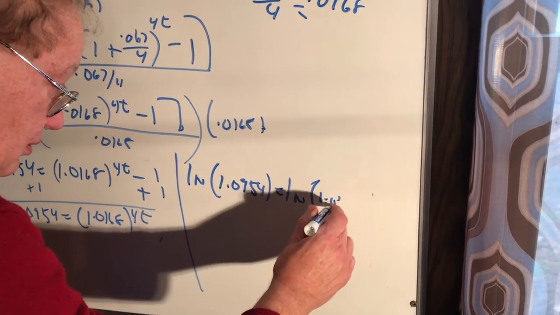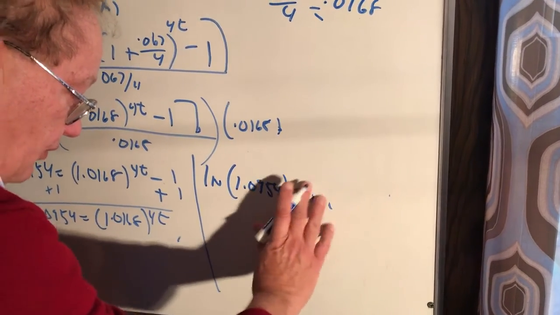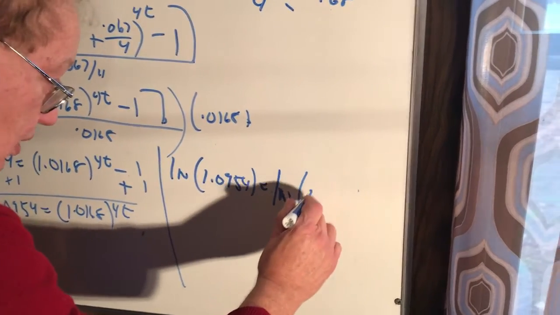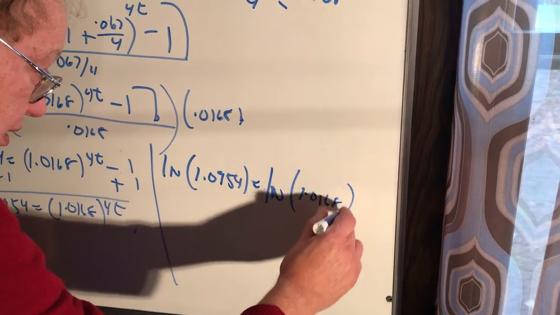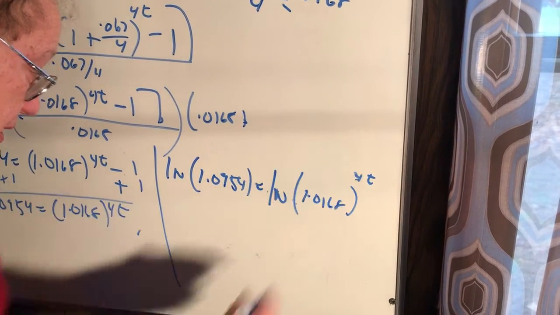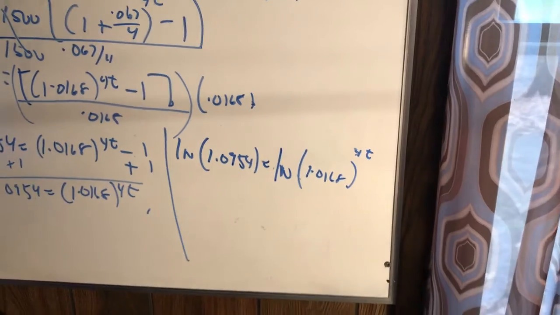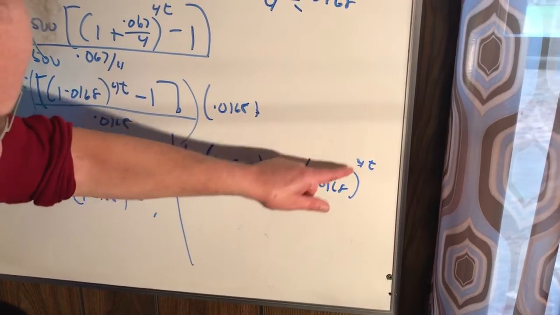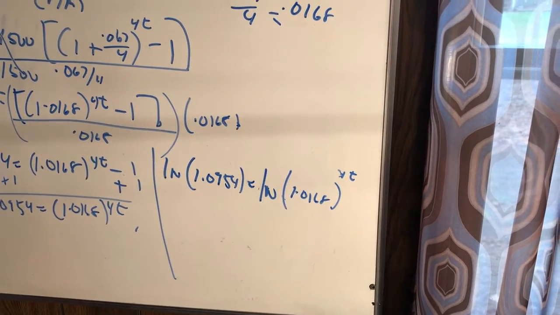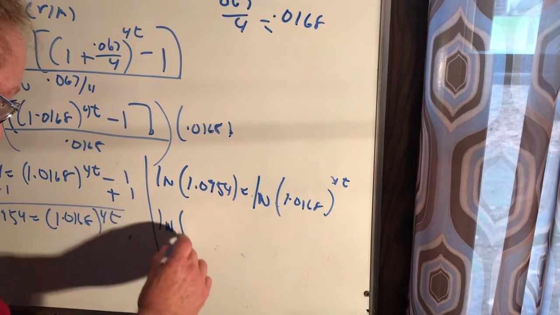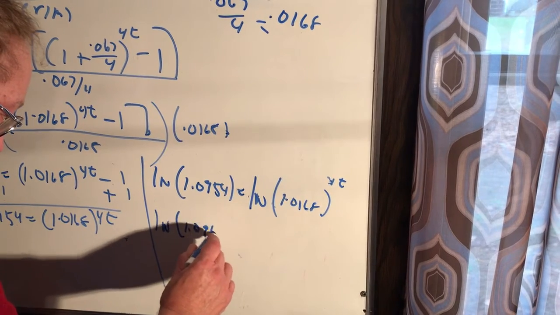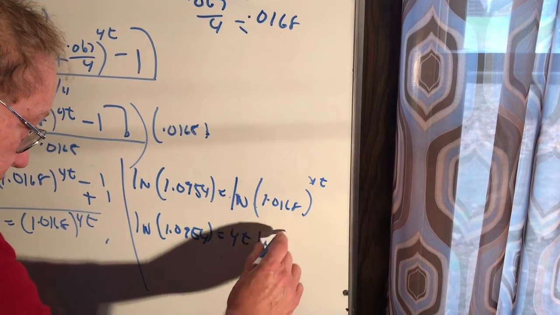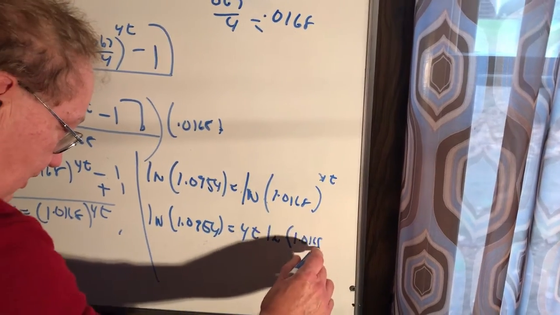Now we have log rule number 5, which is the power rule, which means that anytime I have the log of something raised to a power, I can bring the power in front. We have used that 180 times. If you want to look at the log rules, 4t times log of 1.0168.